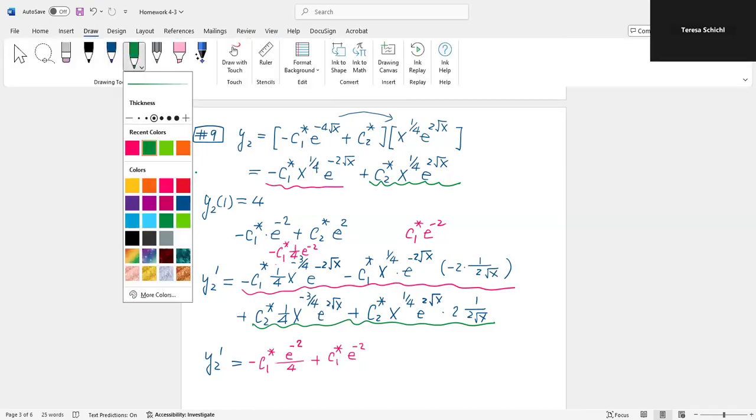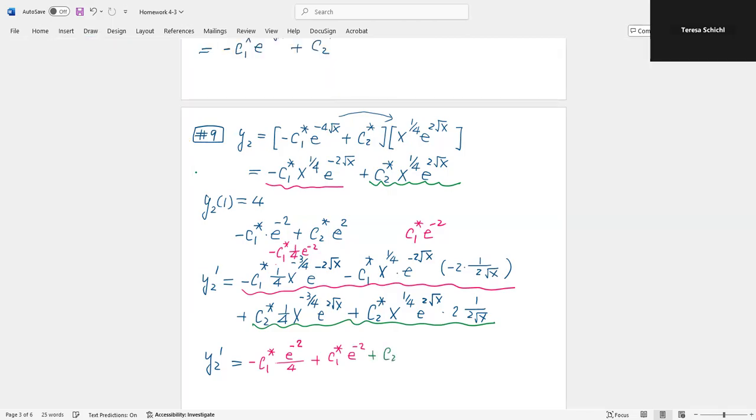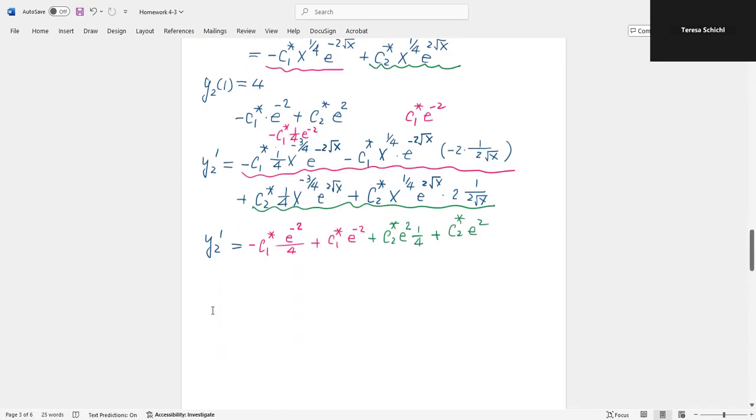I will have a plus C2 star, x equal to 1, I have e to the square, now I have 1/4 here. Then plus C2 star, put 1 in, I have e to the square.